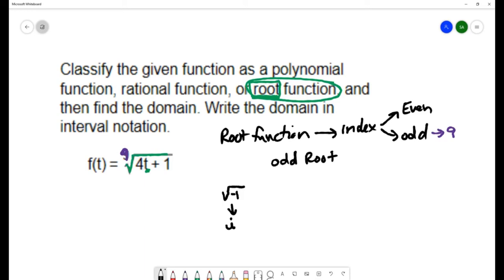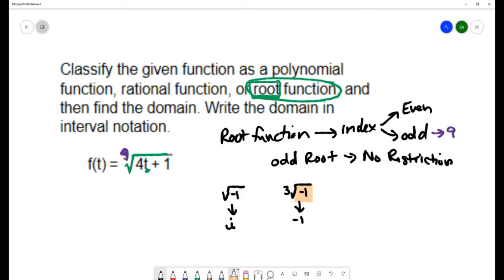However, the odd root of a negative is defined as a real number. So an odd root will have no restrictions. You can substitute positive numbers, negative numbers, 0, any real number into an odd root, and you will get an answer.